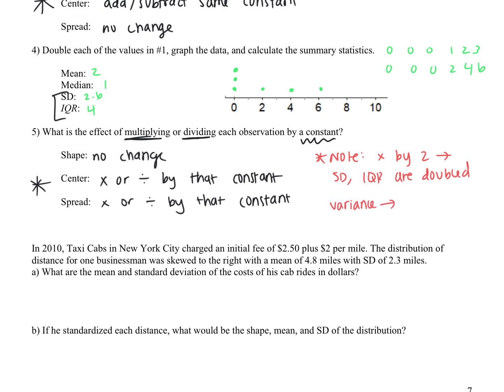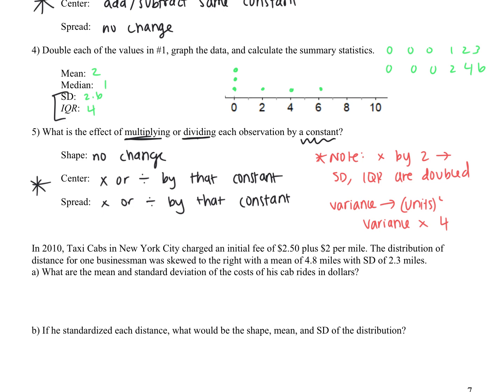Remember that variance has units that are squared. So the variance would actually be multiplied by 4 because that's 2 squared. So that's the only thing that's a little bit tricky: variance is a measure of spread, so it will be changed, but it would be multiplied by 4 instead of 2.